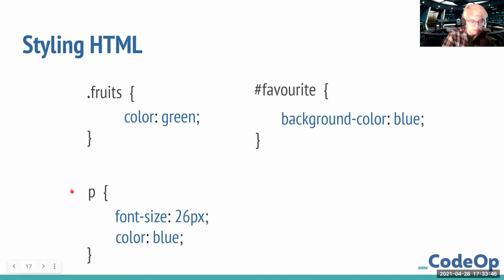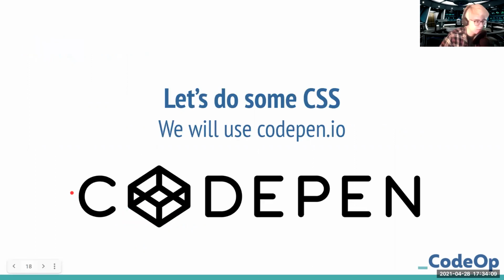And for the ones that are tags from HTML already, from the system, we don't need anything. So dots for classes, hashtags for IDs, and for the ones that are from HTML already, nothing. Okay? Let's put this into practice.